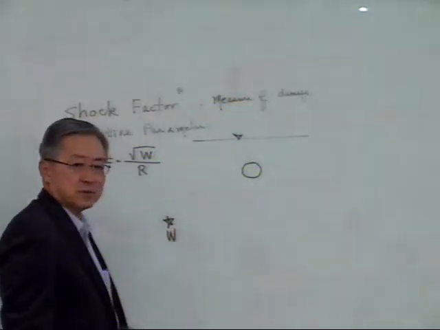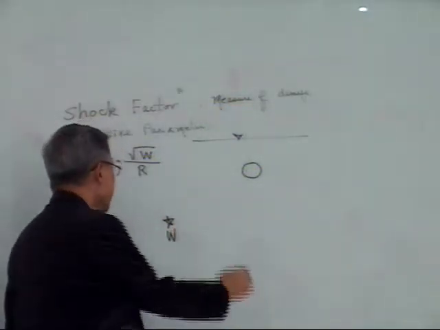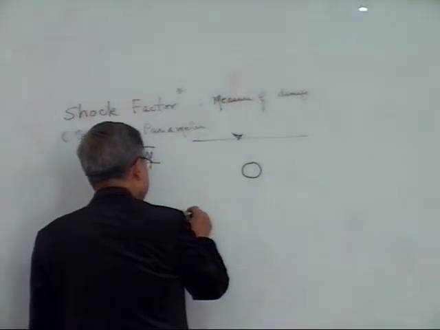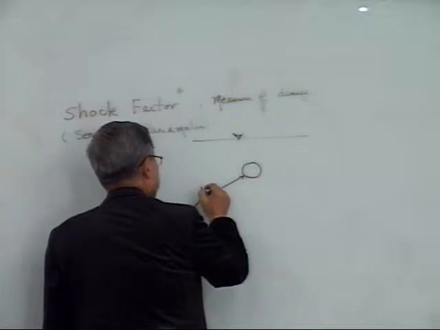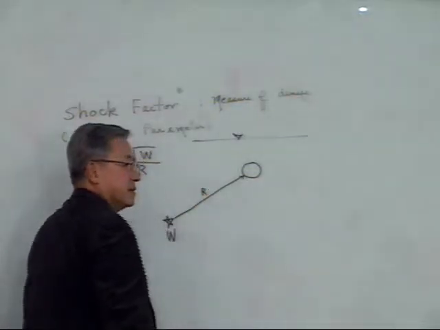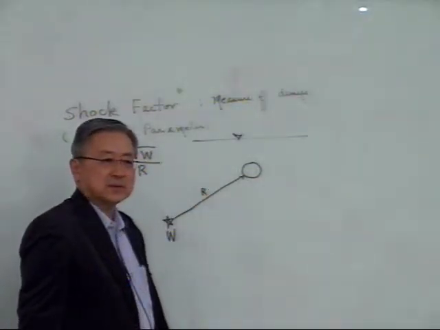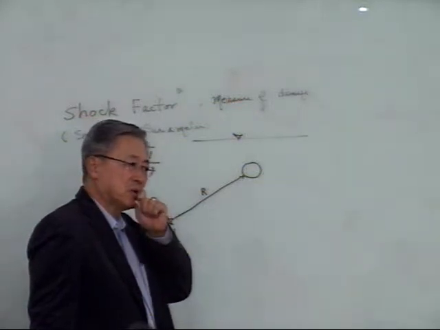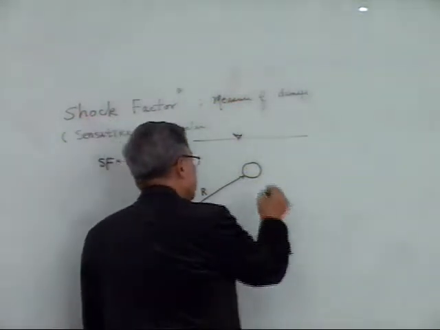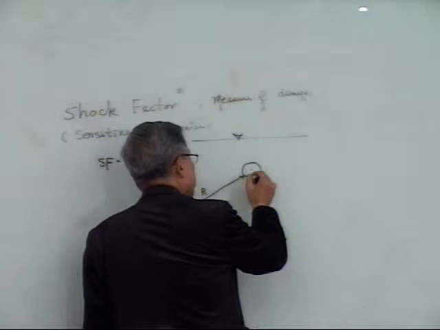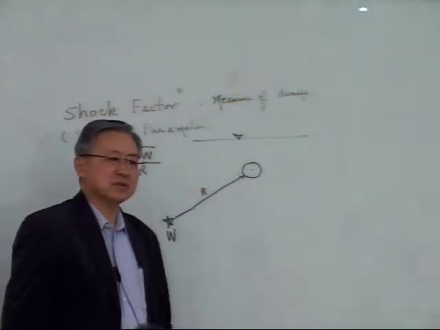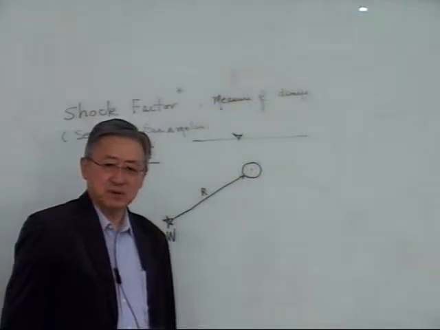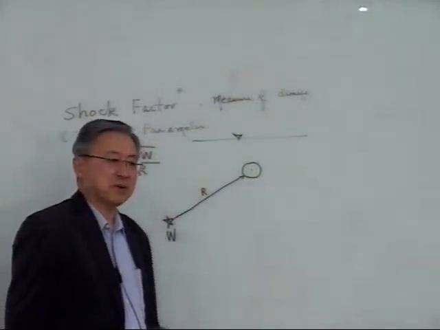Explosive charge is W, and the distance is R. Some people talk about R to the center or to the nearest point of the hull. I would say the nearest point of the hull, but really it doesn't matter.